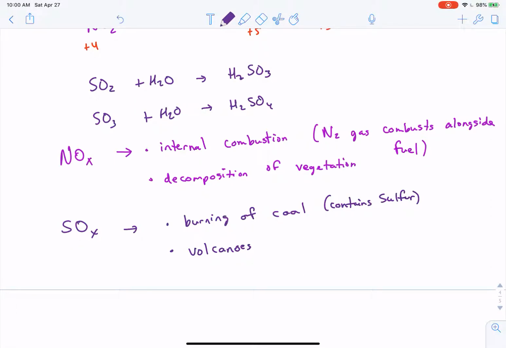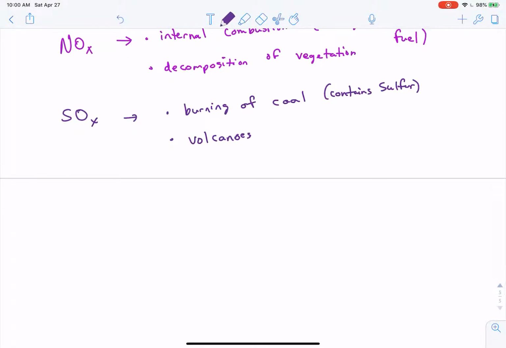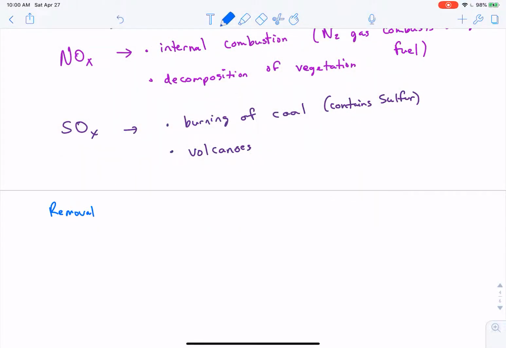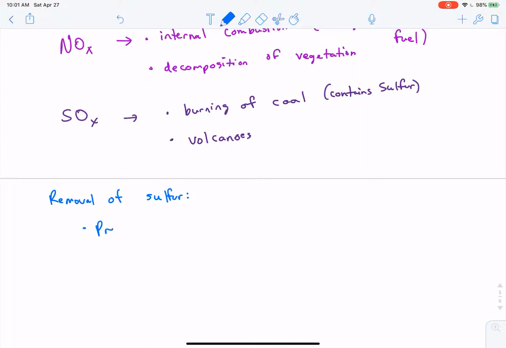Okay, now, ways that we can remove sulfur from coal, because that's our main source of producing sulfur oxides. For pre-combustion, all they say is just remove sulfur.